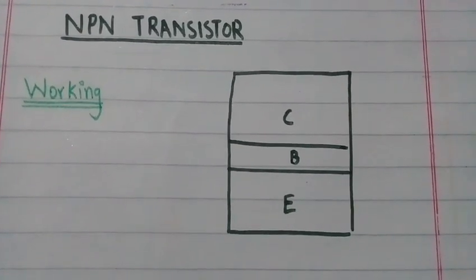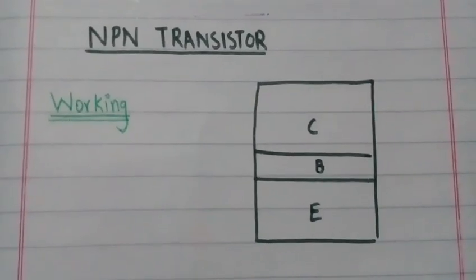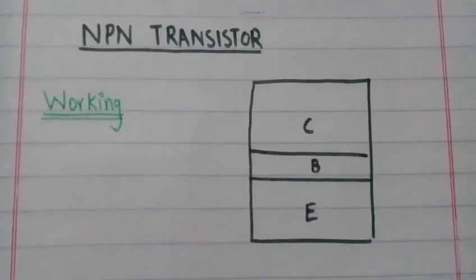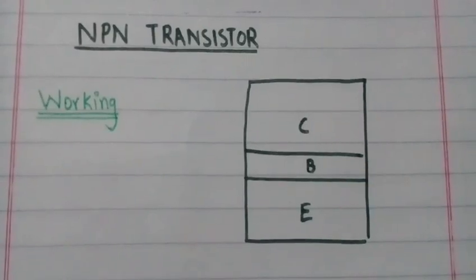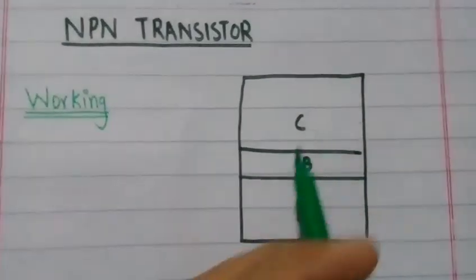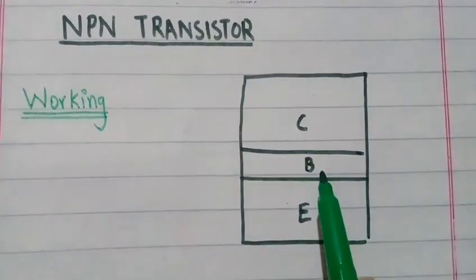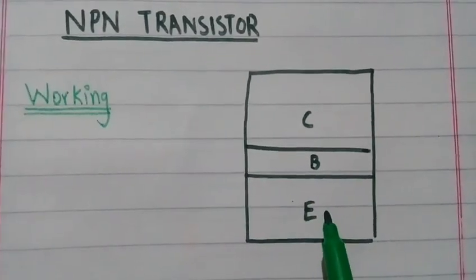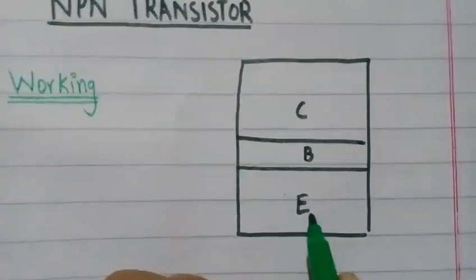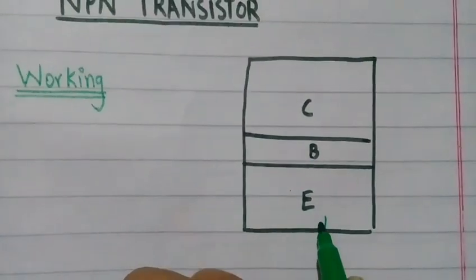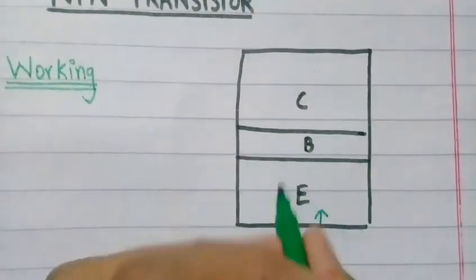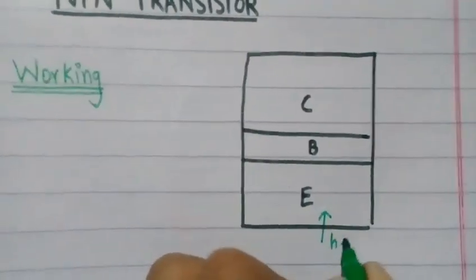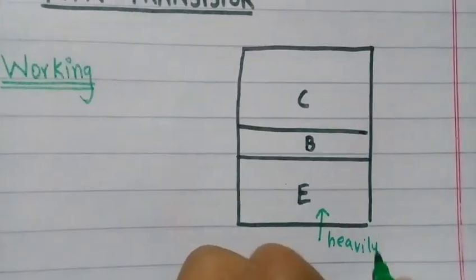So let's start. So guys, as we see, a transistor has three terminals: collector, base and emitter terminal. This one is the collector terminal, this one is the base terminal and this one is the emitter terminal. In the previous lecture we saw that the emitter area will be heavily doped.